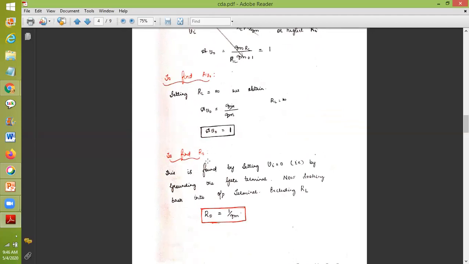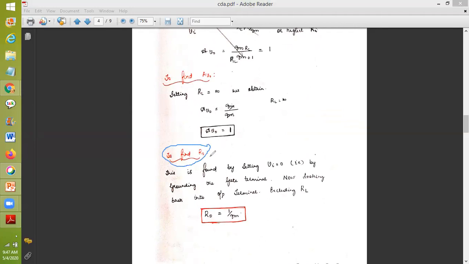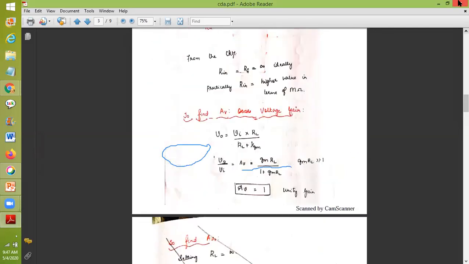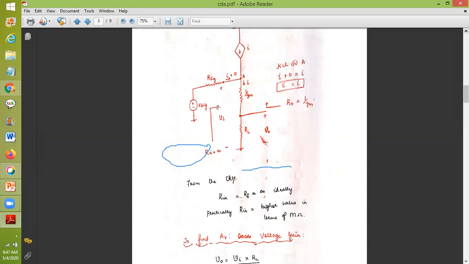The last parameter is to find the output resistance R0. Very important. How to find R0? By setting Vi equal to 0. In the equivalent circuit, setting Vi equal to 0 means you are removing this V signal, so this complete part of the circuitry will not be considered.